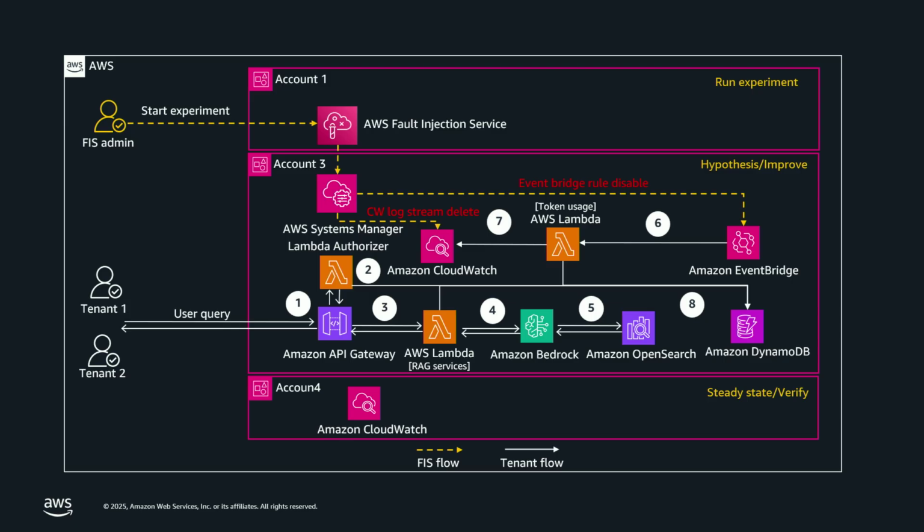One is to disable the EventBridge rule, and the second fault is to delete the CloudWatch log streams. After inducing these faults, we want to validate what will happen to our system behavior, whether tenants can bypass those throttling limits or stay within the limits, to simulate and understand the noisy neighbor scenario. So let's quickly jump on to the AWS console.